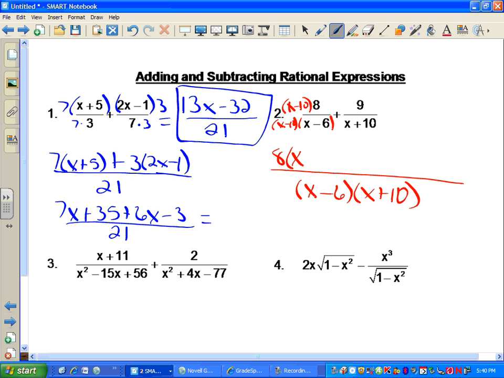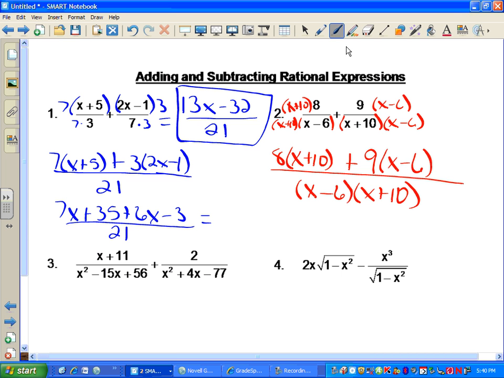So this is 8 times x plus 10. In the second fraction, I had the 9, I had the x plus 10, I need the x minus 6. What we do to the bottom of a fraction, you must do to the top.